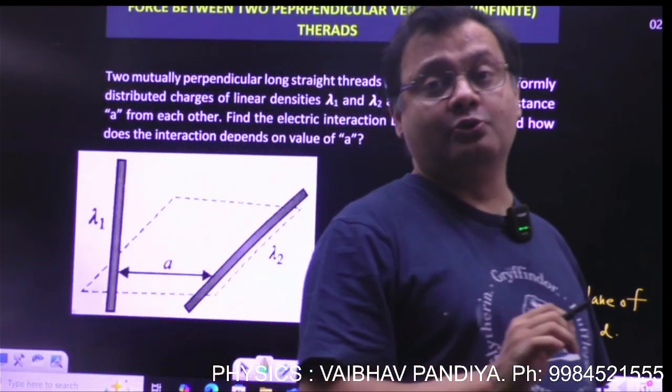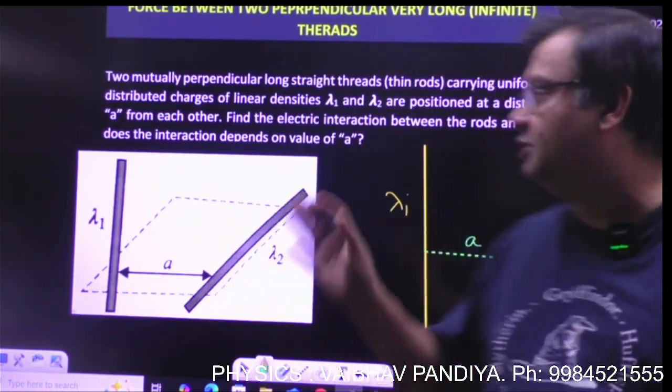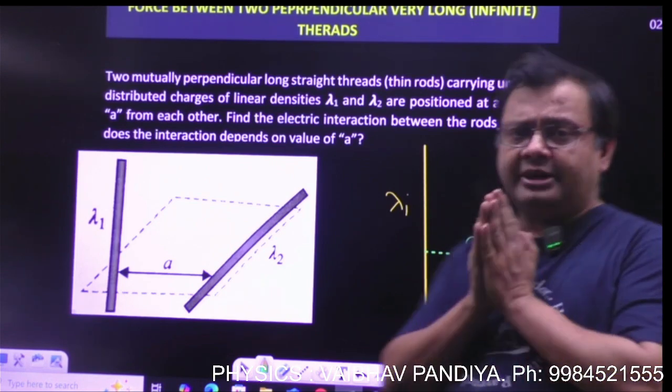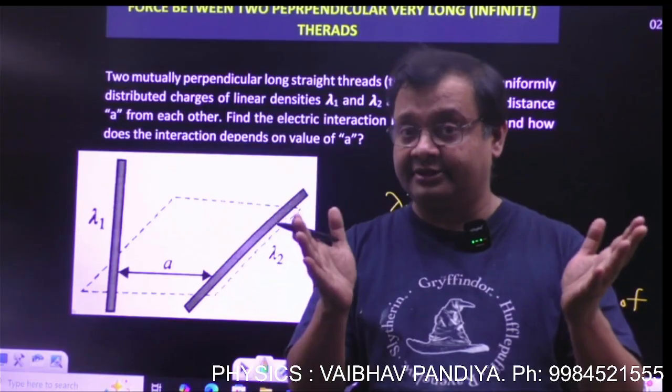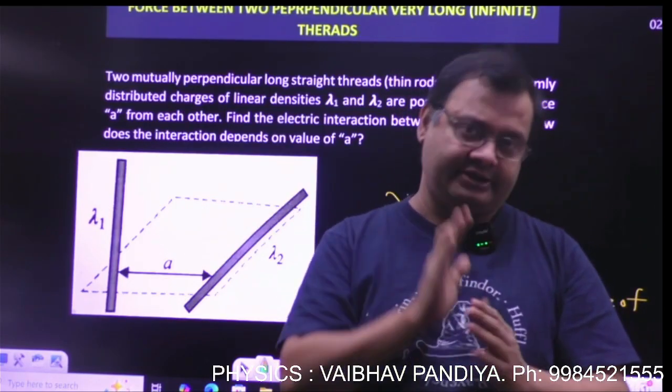Now what we need to do, we have to find the electric force, or the electric interaction, or the Coulomb's force between the two rods. As we have seen in the fundamentals, whenever you are finding the electric force between two extended objects, you can choose one object as the source, another object as the target.